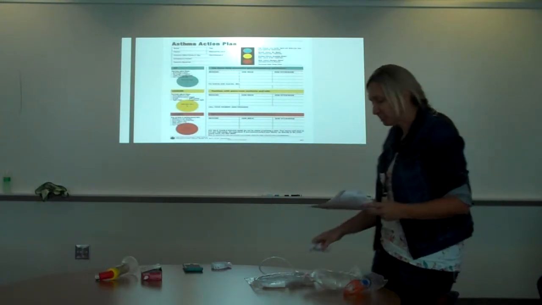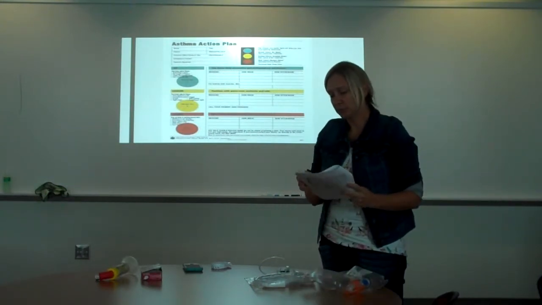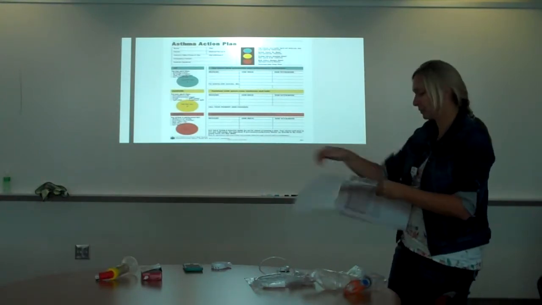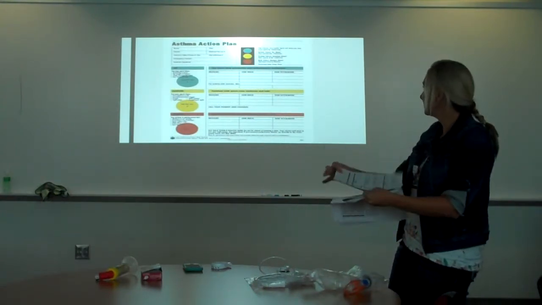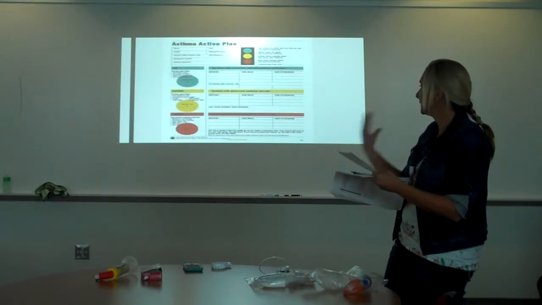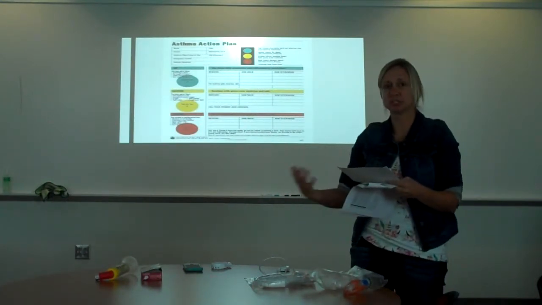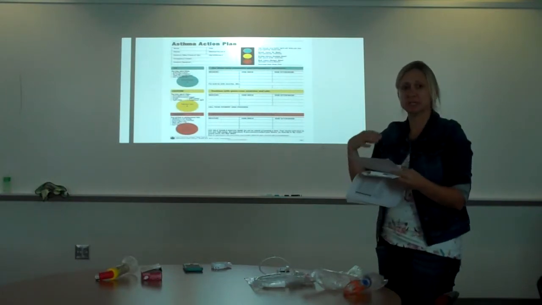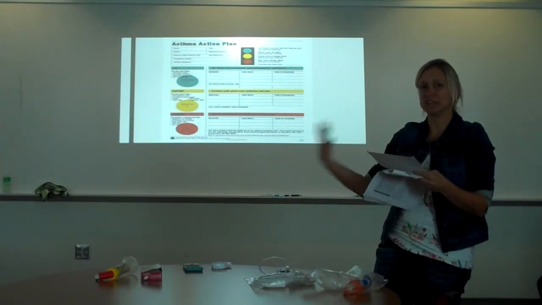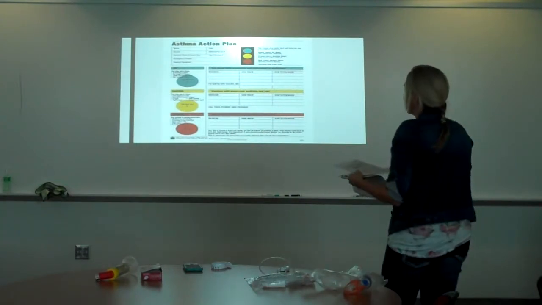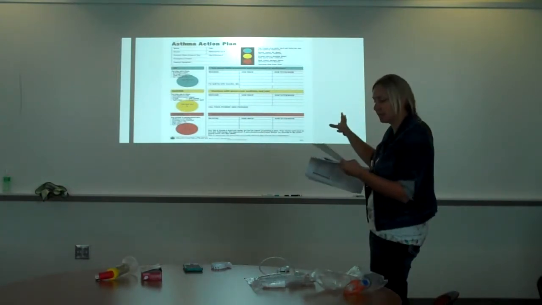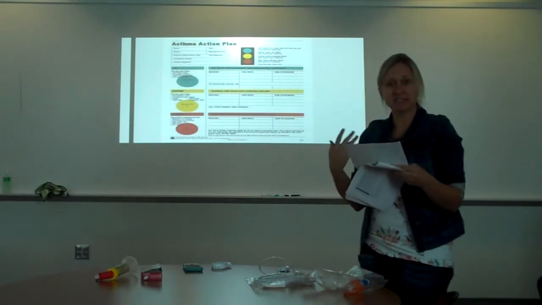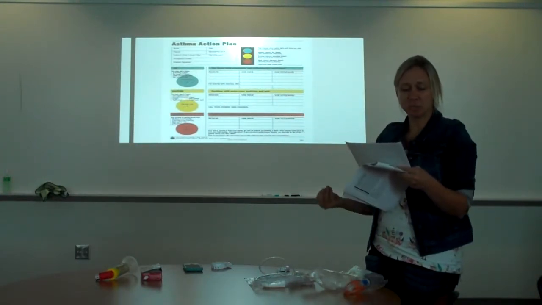This asthma action plan, I will upload it to your course so you can see it, because it's hard to see in this slide and determine what the writing actually says. But it's basically an asthma action plan to let the child know, let the parents know, let the care provider know how well our current treatment is going and what they need to do in relation to that. So if the child is in the green area, means they're doing well, breathing is good, no cough or wheeze, they can work and play, and they sleep well at night.